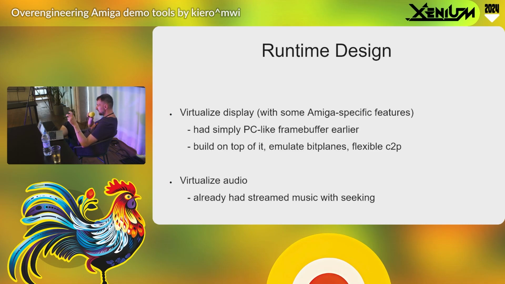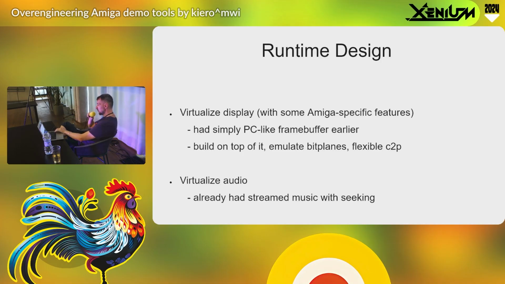So we had a virtualized display, but before that it was just a chunky buffer, a frame buffer to display effects. We enhanced that with a bit more Amiga-specific features, like bit plane masking when doing chunky to planar, but not really that much.